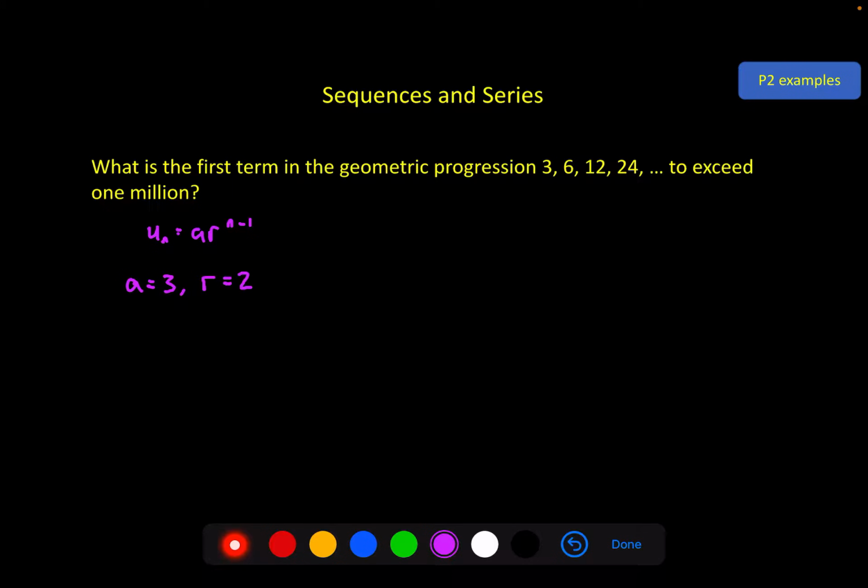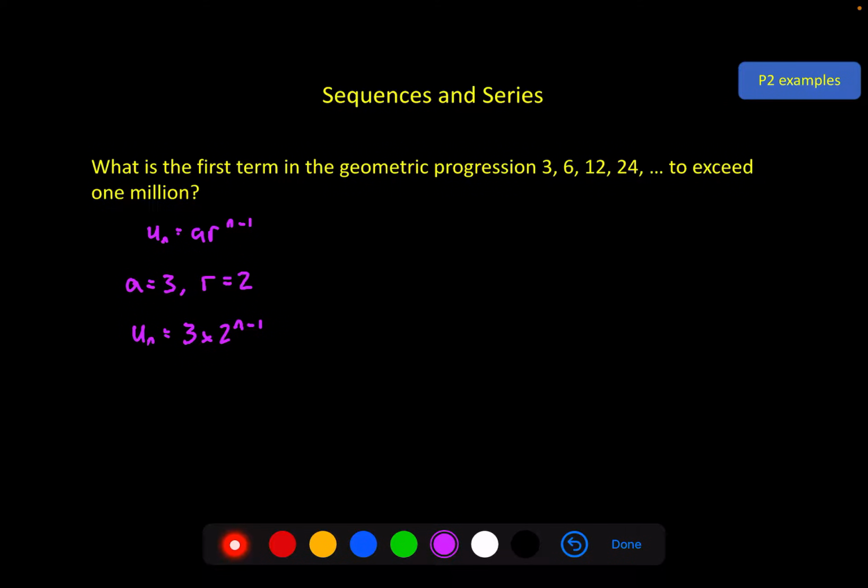Having low numbers here is quite common. That's why we're having so many ratios of 2, because if you have an r value that's too high, you can end up with a question that's just got ridiculously big numbers, and exam questions try not to be too ridiculous with their numbers. So our nth term here is 3 times 2 to the n minus 1.